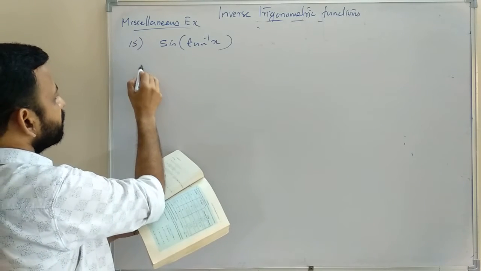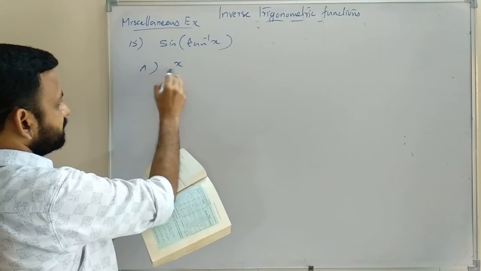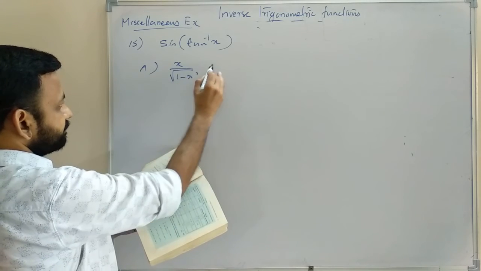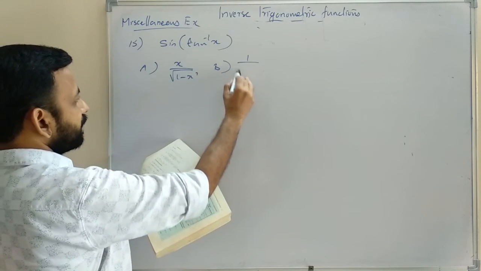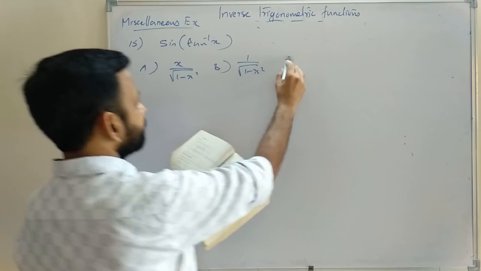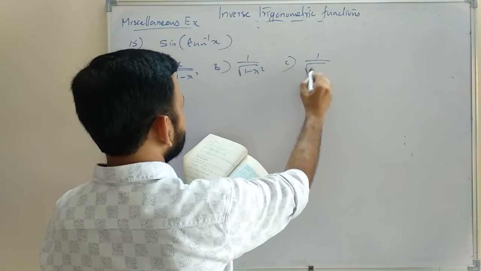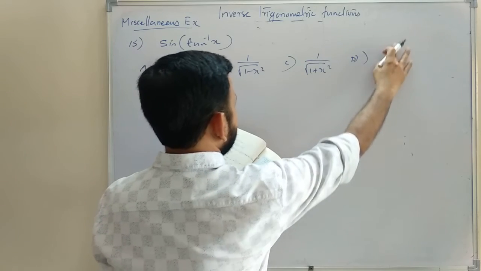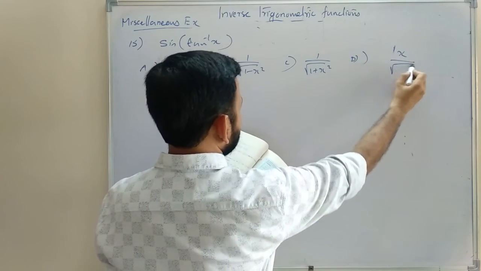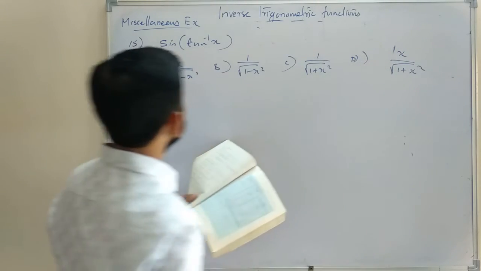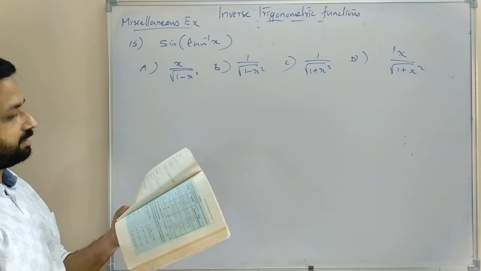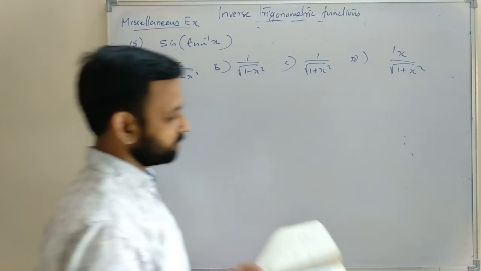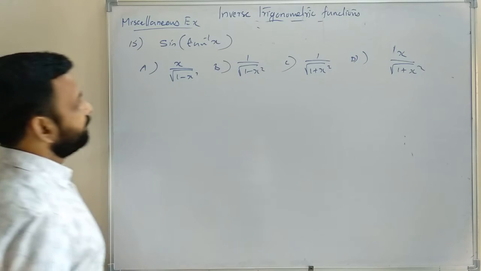Then we have 4 options: x upon under root 1 minus x square, 1 upon under root 1 minus x square, 1 upon under root 1 plus x square, x upon under root 1 plus x square. So sin tan inverse x is one of them, and we need to verify.